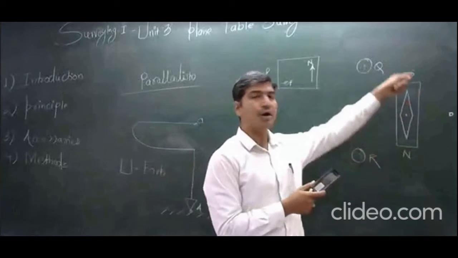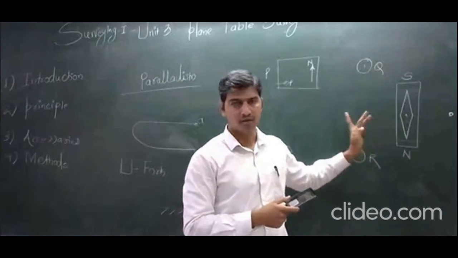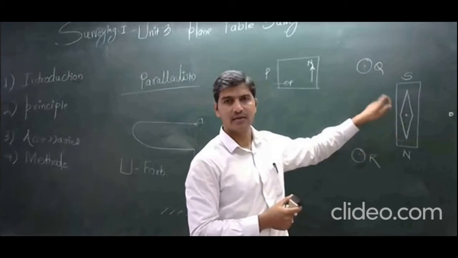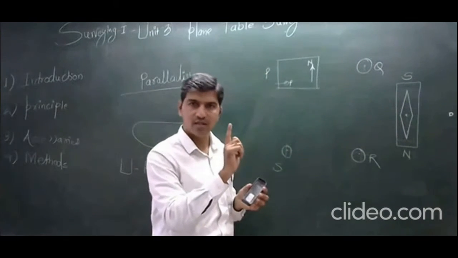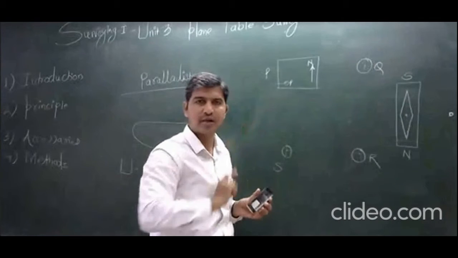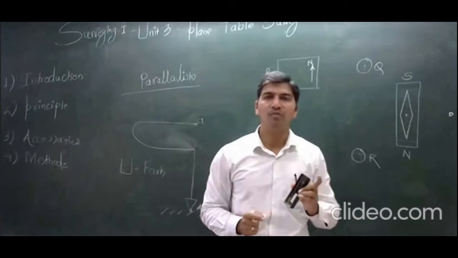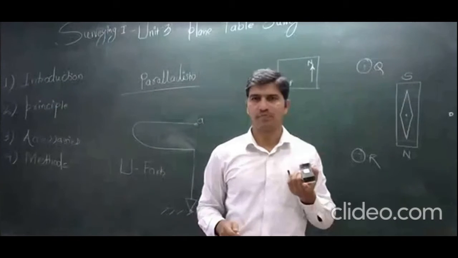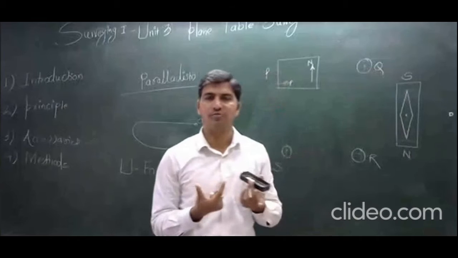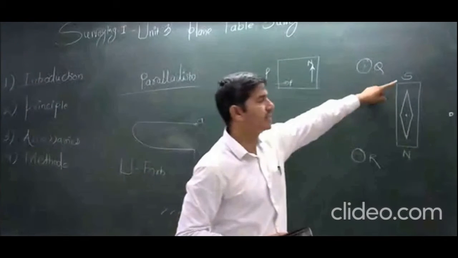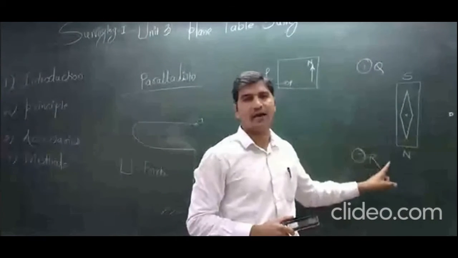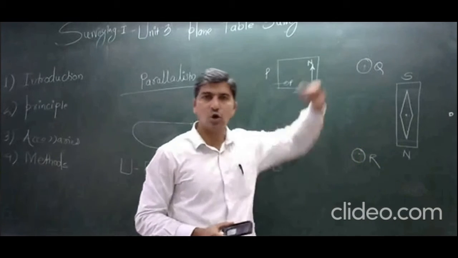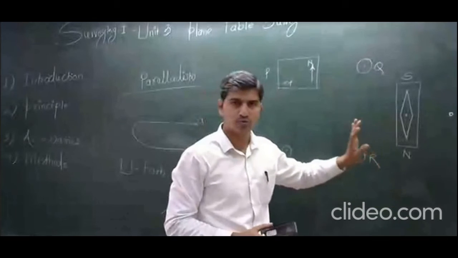It is made up of non-magnetic metal, and at the center there is a needle directing towards north and south, which is made of magnetic material. That is called the magnetic needle. Due to the attraction of the magnetic needle, it will only direct towards the north pole and the south pole.